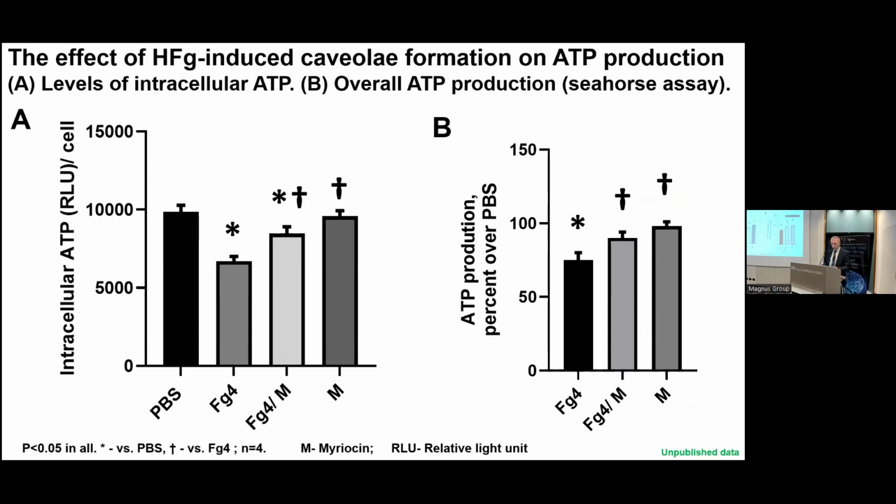And then if we use myriocin, which is a blocker of sphingolipid synthesis, we see that caveolar transcytosis is affected. So that again proves that use of ATP relates to caveolar transcytosis.